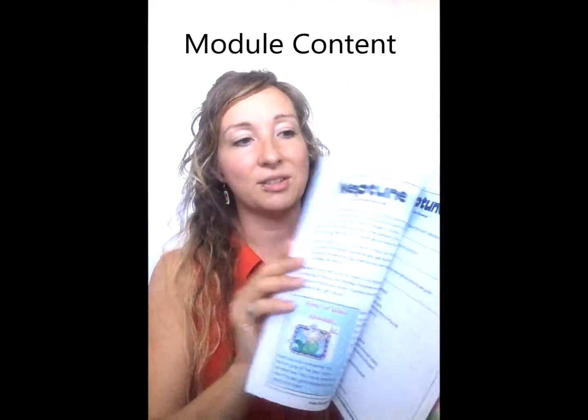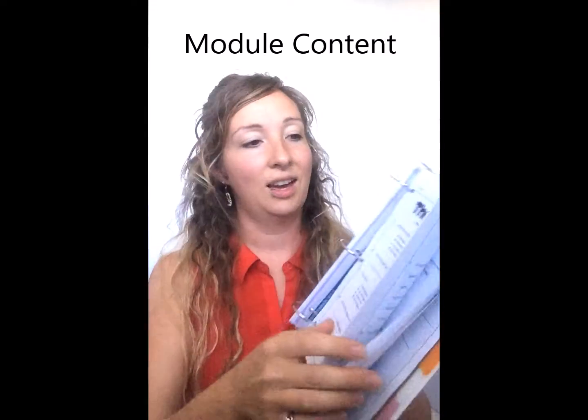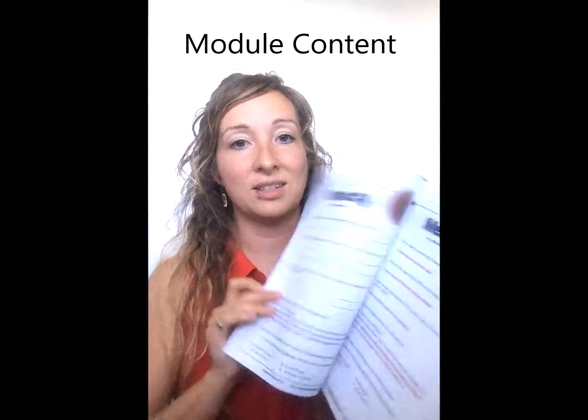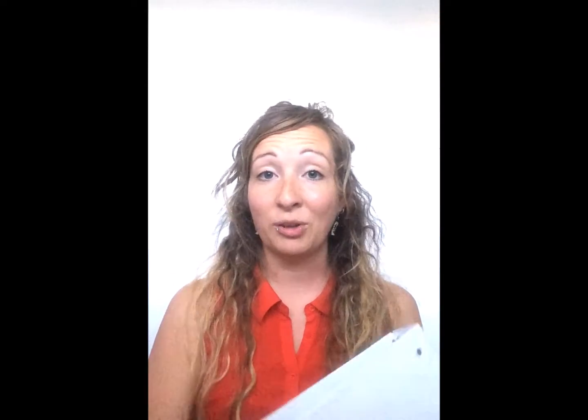And next is the actual module content material. So this one is an astronomy module, so it's all information about planets and stars and our solar system. And this is a literacy module, so each section has a large amount of reading and reading comprehension and discussion questions. And there's also room in there for special outings.